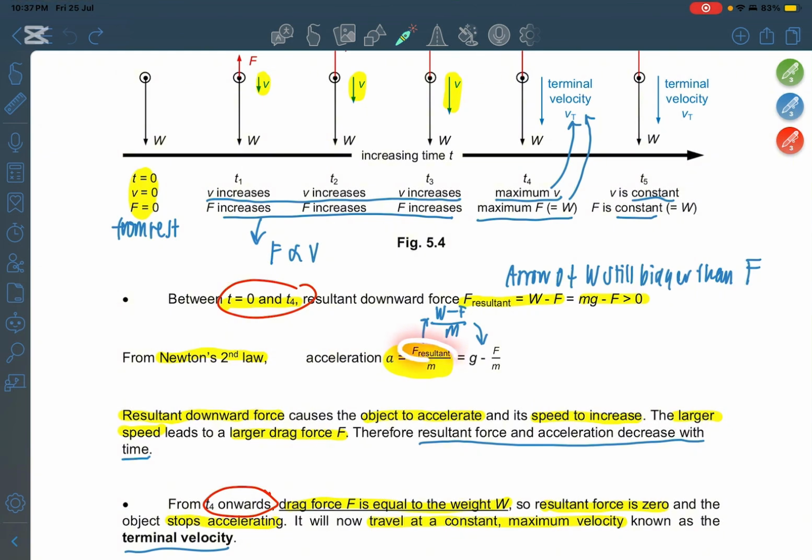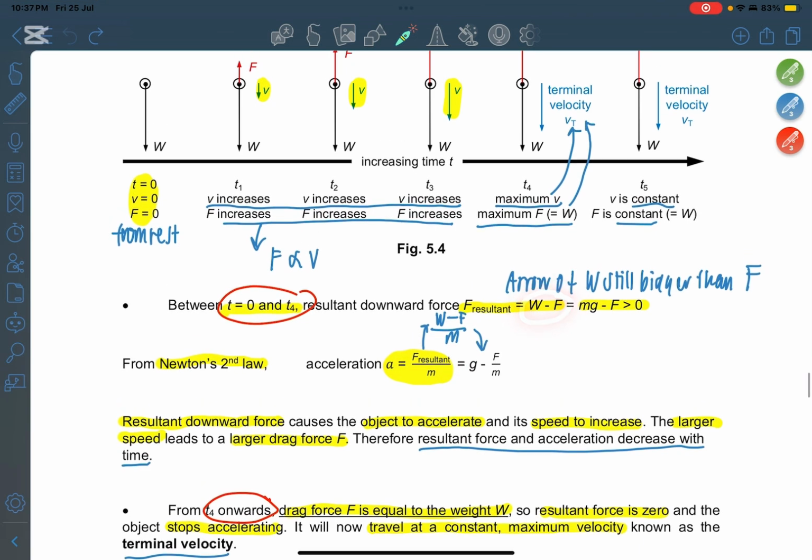F net is what we established here, weight minus F. Weight is the bigger one here. So you plug in W minus F. Then you know W divided by m equals g. That's why you have g here, and you're just left with negative F over m.